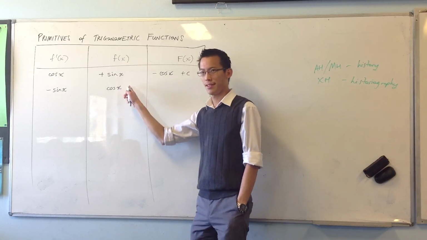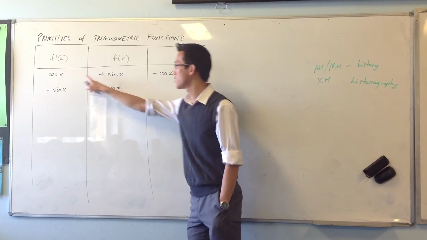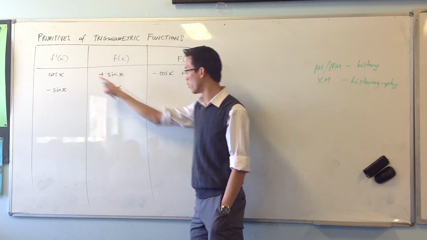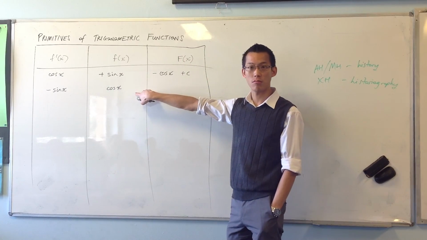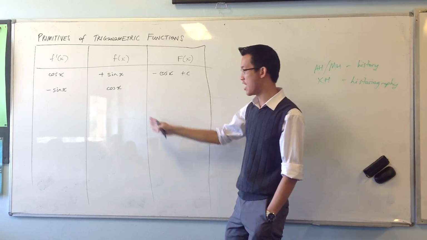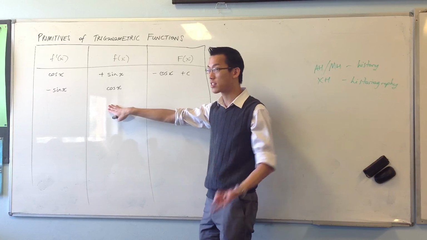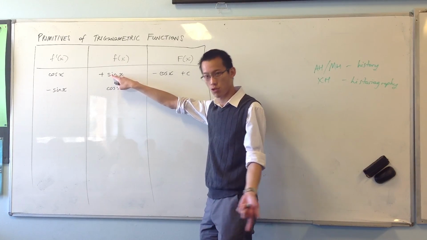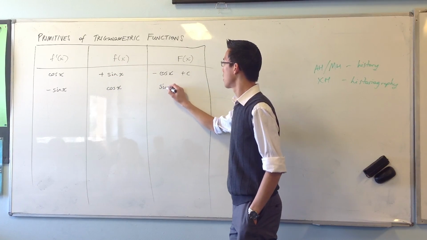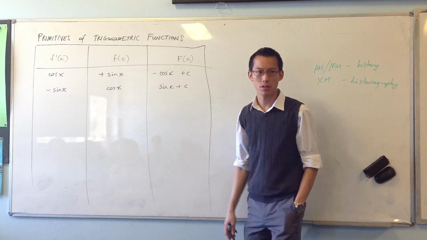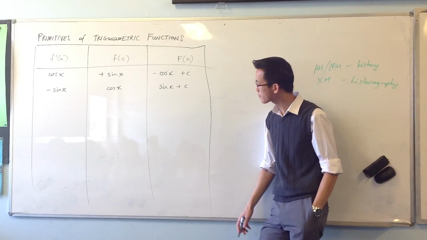All right, now, same point that I can make from here to here. That relationship ought to be the same as this relationship, yeah? So if I differentiated and I ended up with cos, I must have started from sine, with my constant flying in there, okay?